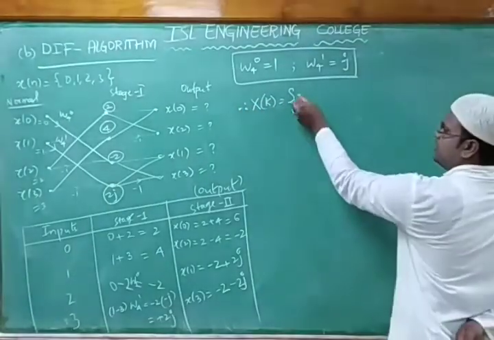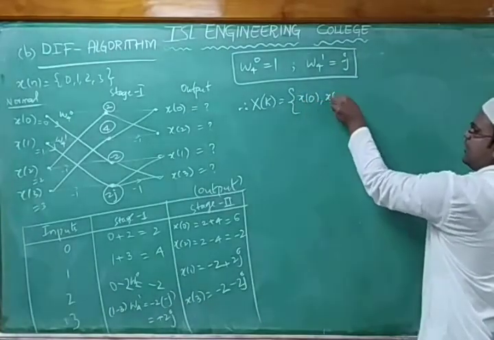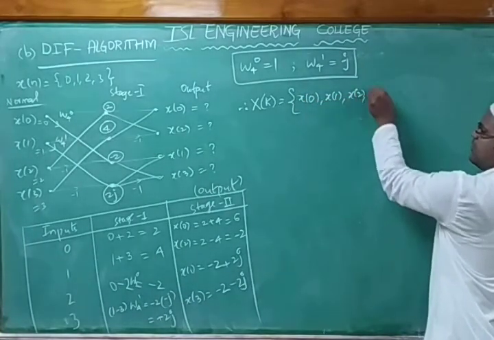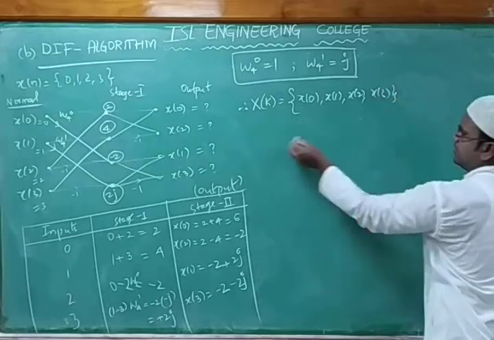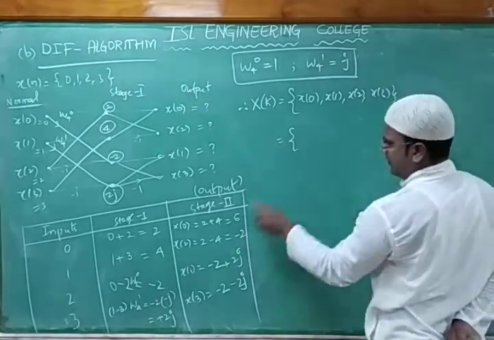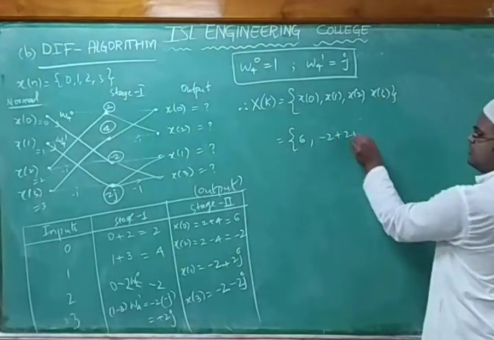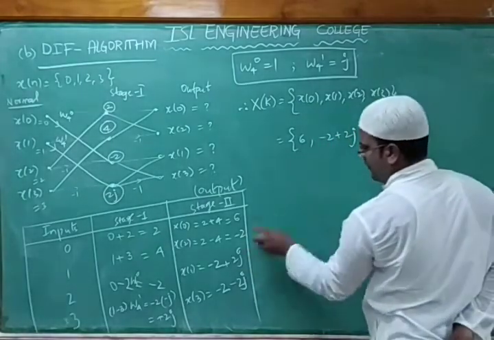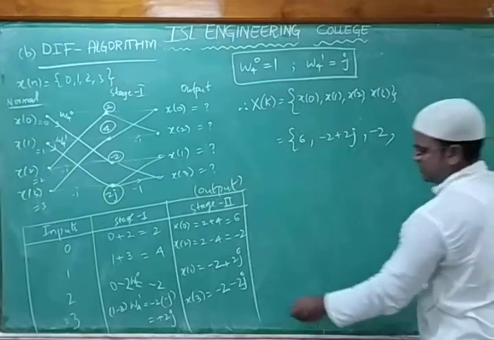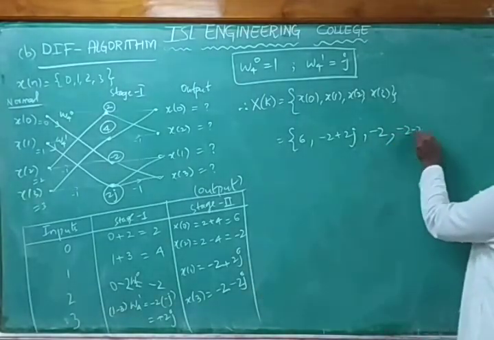The first answer should be x of 0, x of 1, x of 2 and x of 3. We'll write in order only, right? So tell me what is x of 0? It's 6. Now tell me what is x of 1? -2 plus 2j. x of 2, it's -2. x of 3, -2 minus 2j.